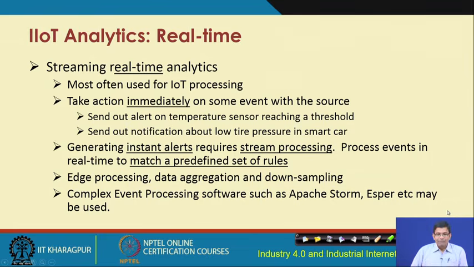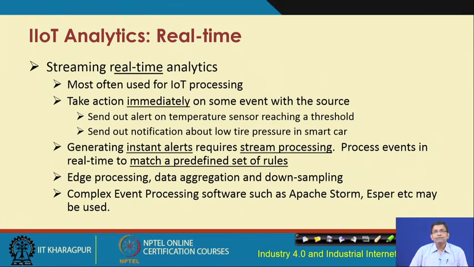Analytics will have to be done in real time. We have machines sending data, streaming data in real time. These streams of data will have to be processed and actions taken immediately, as close as possible to the source of the data, because based on that useful alerts can be sent.